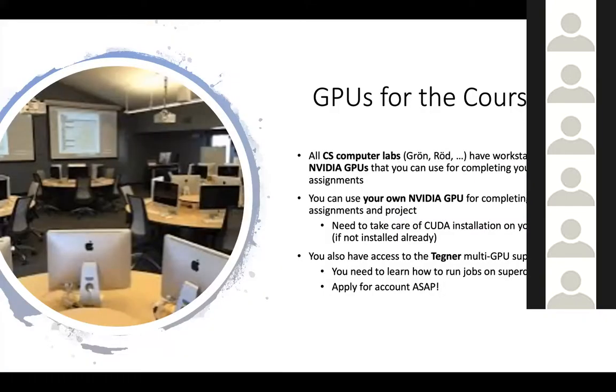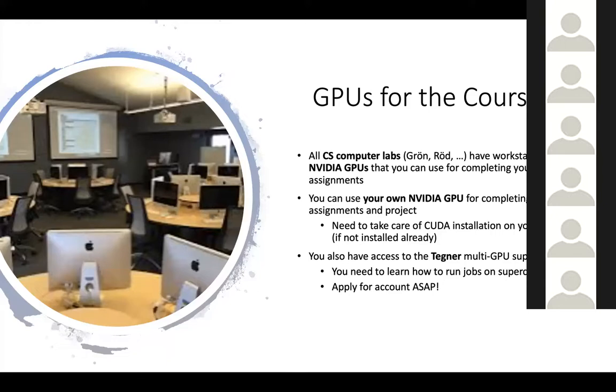So let's look at the system and the hardware part of this course. As a part of this course, we will get to work on GPUs and learn how to program GPUs. So where are the GPUs for this course? Well, we have two kinds of accessibility to GPUs in this course.